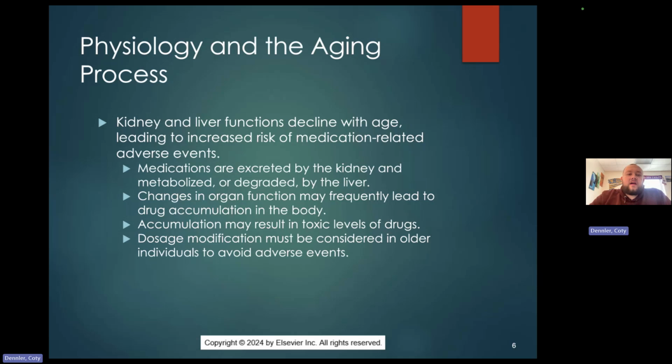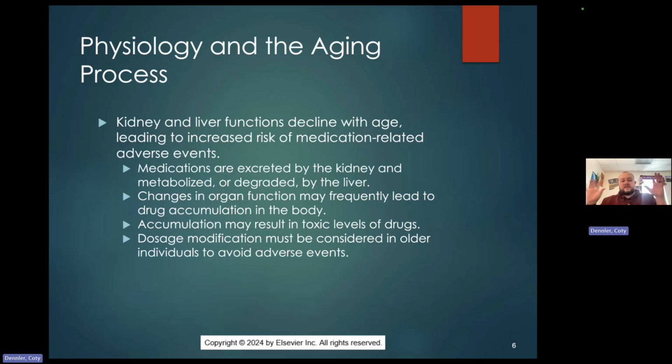All right, so the physiology of these medications and the aging process. Your kidney and liver function declines with age, and that is also going to influence the medications and how much of it is going to be able to be absorbed into the body. Medications are excreted by the kidneys and then they're metabolized by the liver.